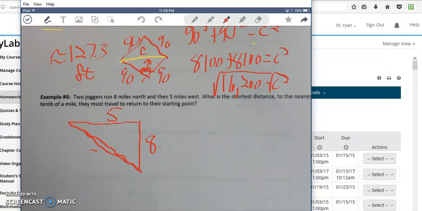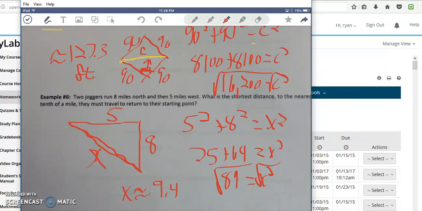Now this is the part we want to know, so we could still do our a squared plus b squared equals c squared. So 5 squared plus 8 squared is equal to x squared, because that is going to be our hypotenuse. By the time you work this out, 5 squared plus 8 squared is 25 plus 64, which added together is 89. When you take the square root of 89, you get approximately 9.4.